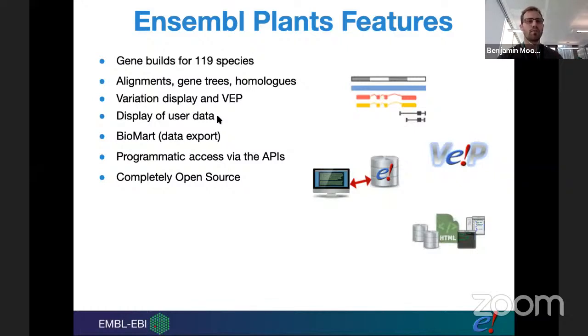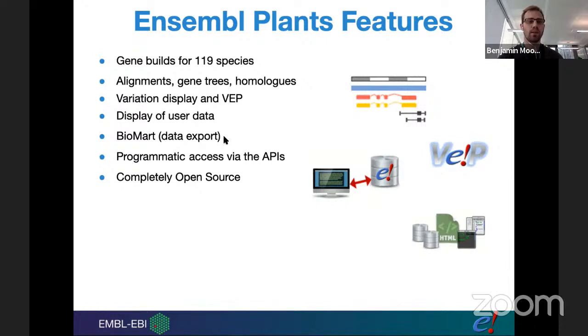But you can also begin thinking about exporting this data on a larger scale. The website is really good for looking at individual genes or individual features at a time. But obviously, sometimes you might have a larger scale analysis where you want to look at a number of different genes all at the same time. In that case, we have some tools that you can consider using.